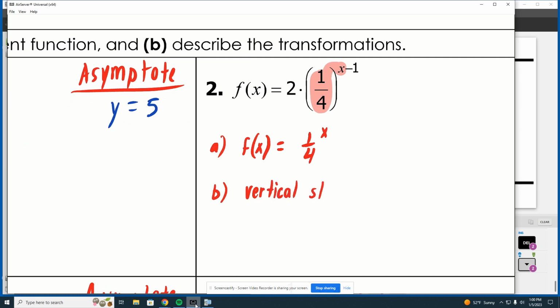What else do we have besides the 1/4 to the x power? We got that x minus 1 in the exponent spot, which we remember is our horizontal shift. And what's the rule on horizontal shift? It's the opposite. So that minus 1 is actually going to be a positive horizontal shift. What's a positive horizontal shift? Shifts right 1. Y'all got that? Pretty easy, right?